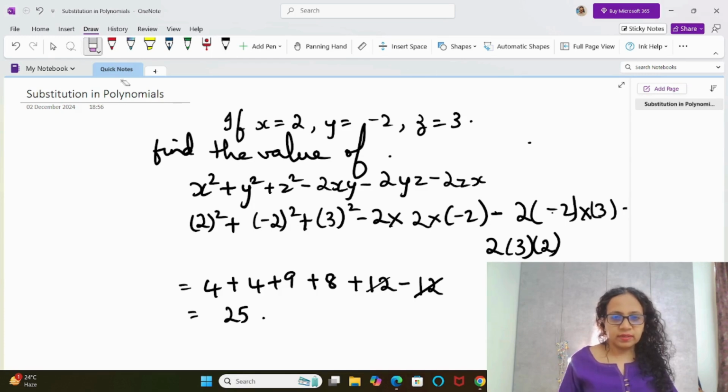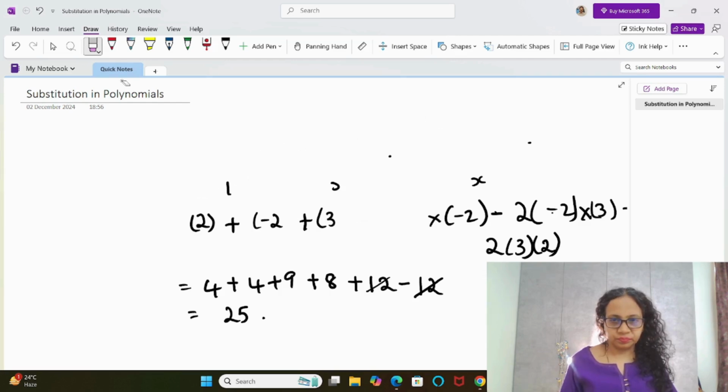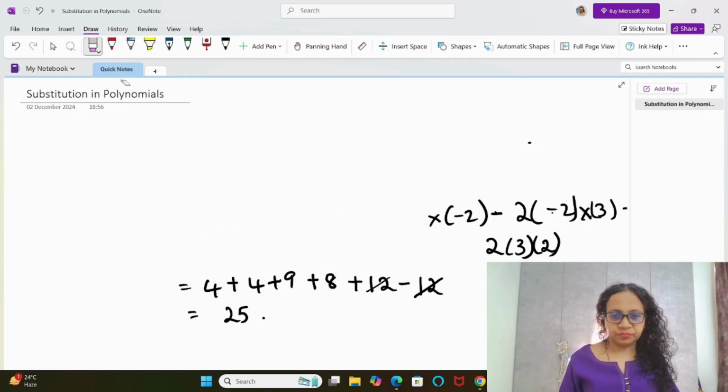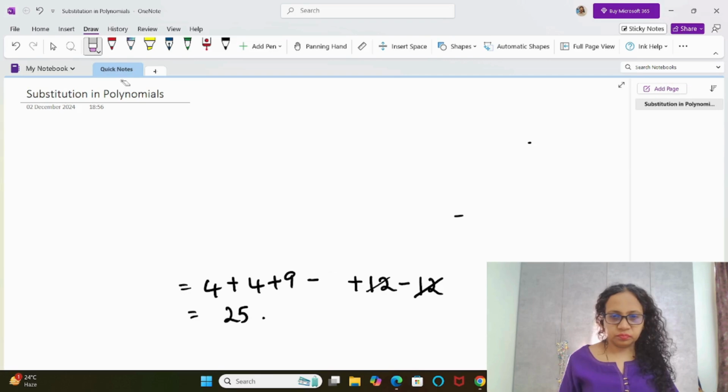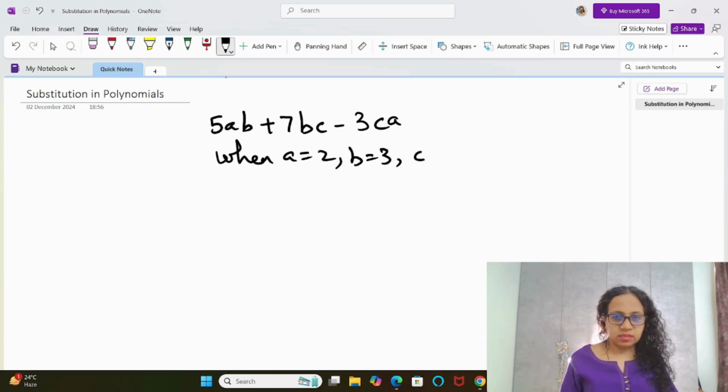Let's look at a last and final example. 5ab plus 7bc minus 3ca, when a is 2, b is 3 and c is 4.